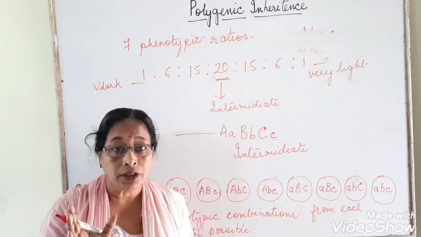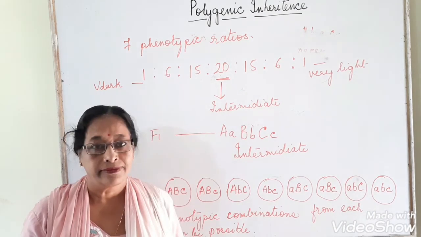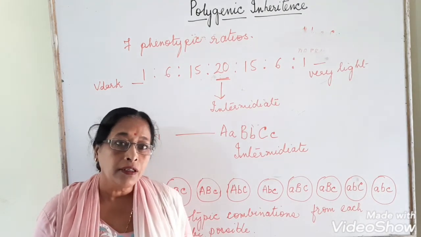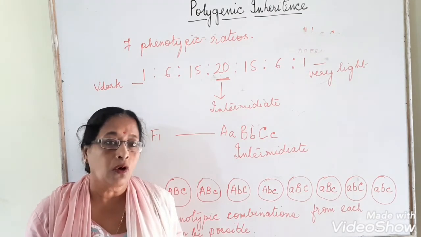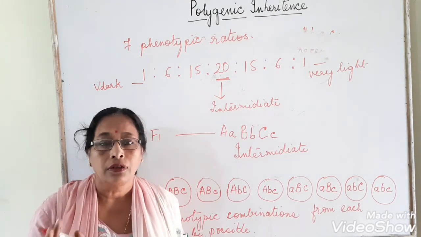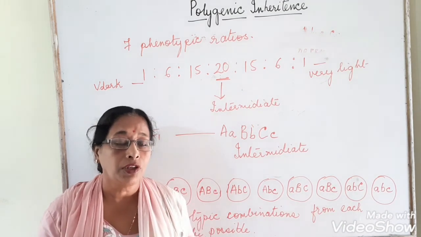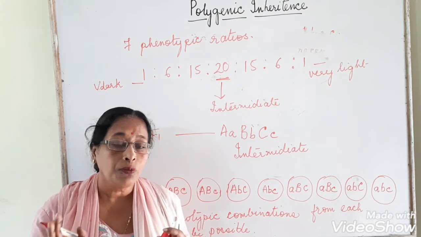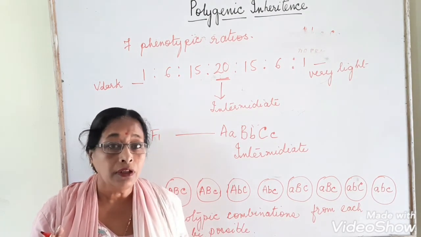To show one character, different genes express. Now in plants, the color of the wheat kernel and the length of the maize cob are also shown by multiple genes which are known as polygenes. So polygenic inheritance is seen in plants as well as in animals.